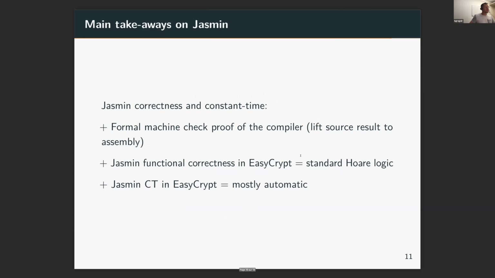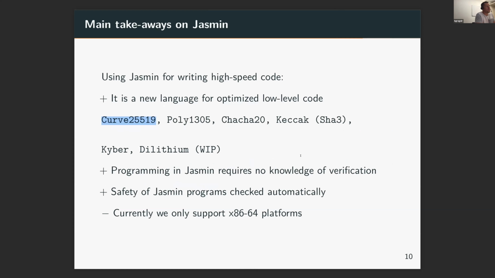And the good point is that when you want to write a Jasmin program, you don't need to have any knowledge of verification. You can just view it as a language to help you write an assembly program.